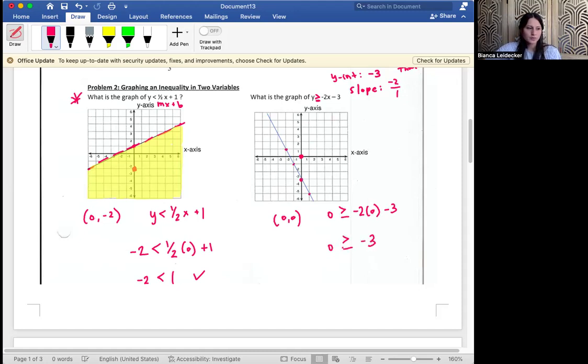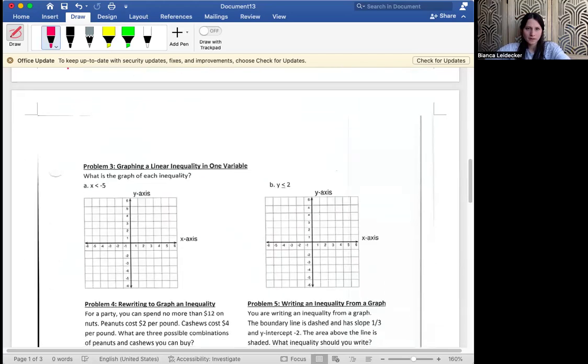Is this true? It is true, okay? Which means this point, 0, 0, is a solution for this line. Therefore, I'm going to shade to the right. It's going to be shaded, including the point 0, 0. So everything that's in the shaded area is a potential solution for this inequality.